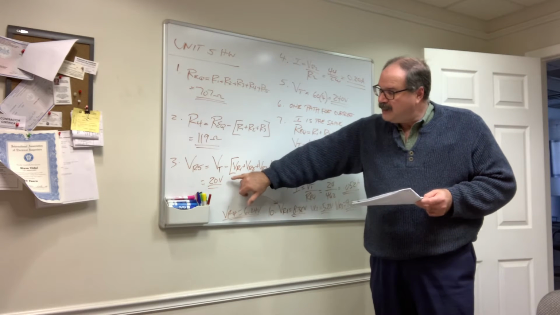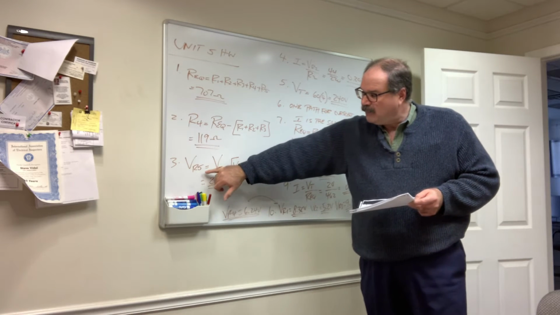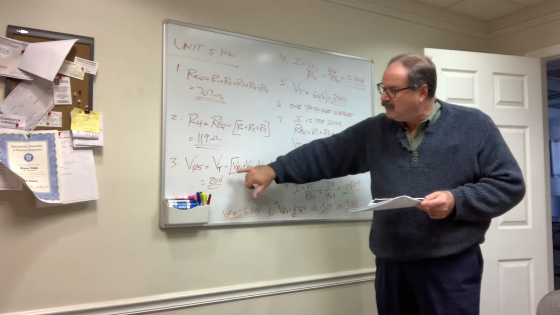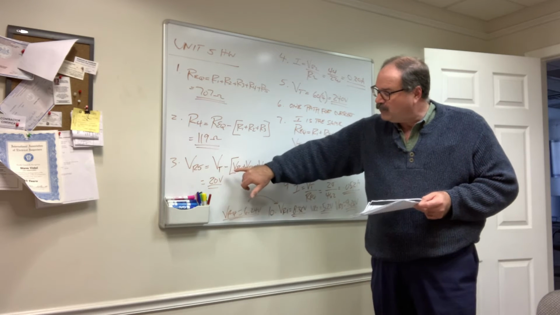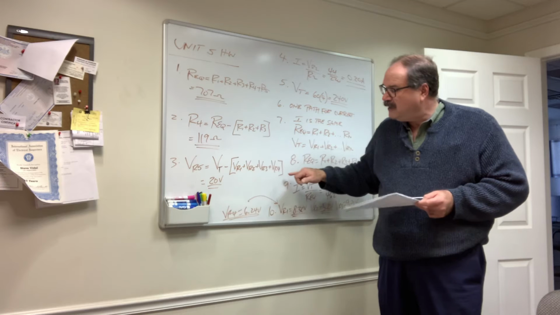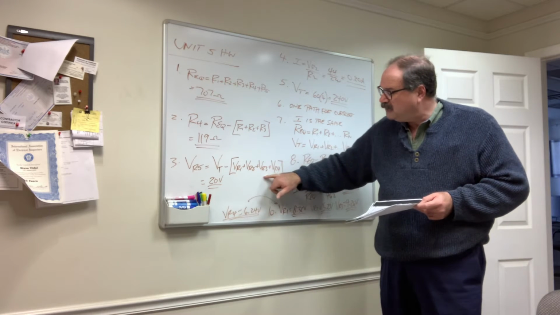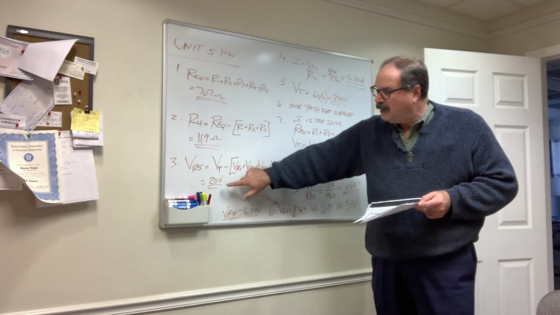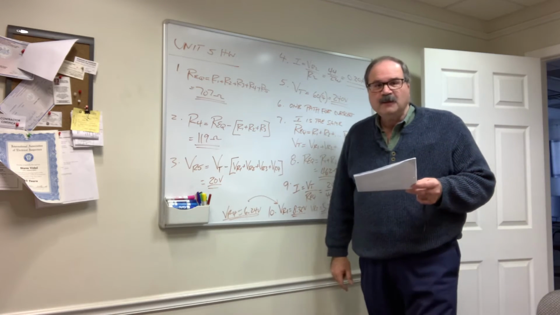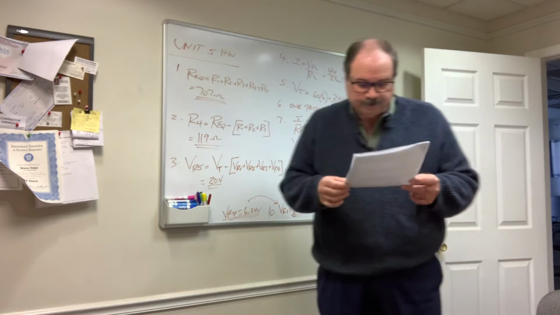So we're going to play a game in algebra again. This time, the voltage across resistor 5 is equal to the total voltage minus the sum of the individual voltages, VR1 plus VR2 plus VR3 plus VR4. Plug those numbers in, and you'll get an answer of 20 volts.